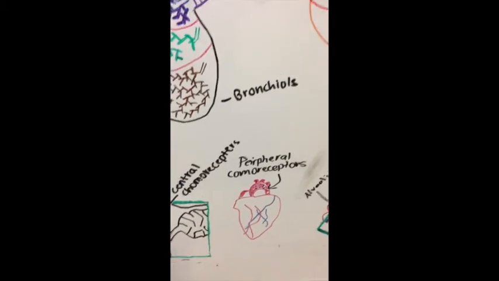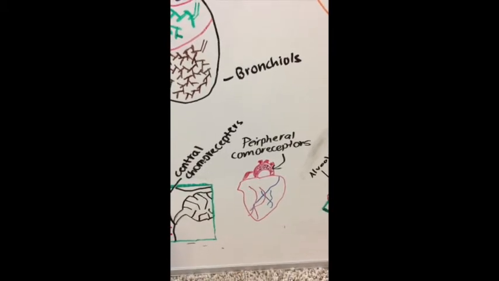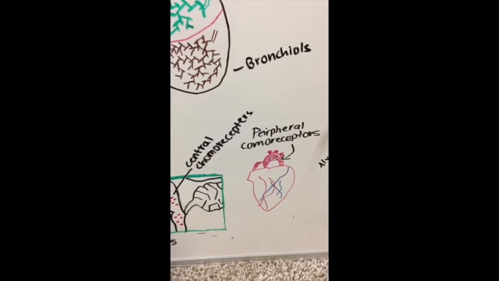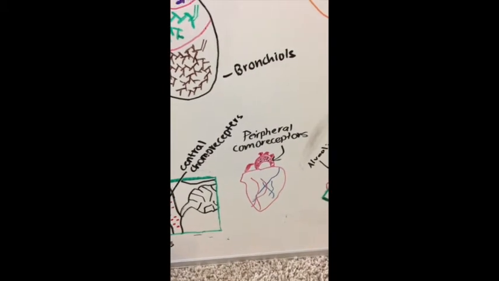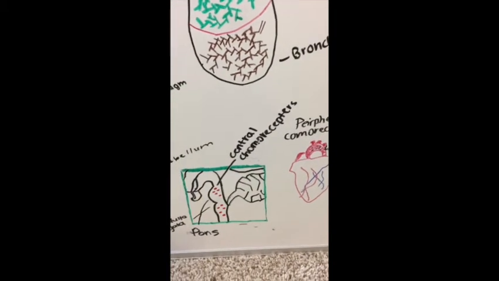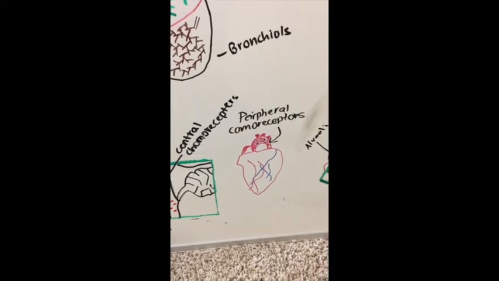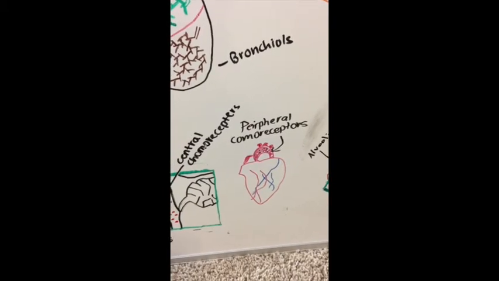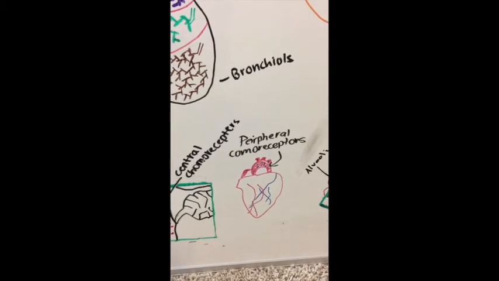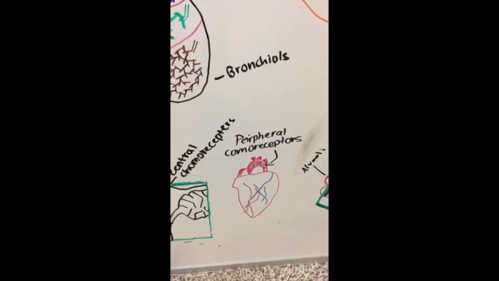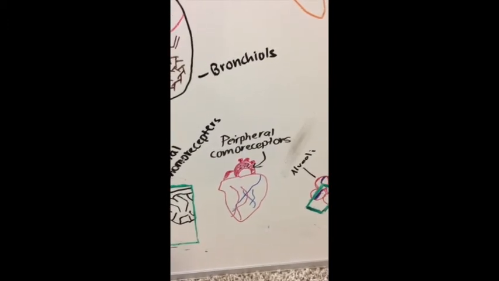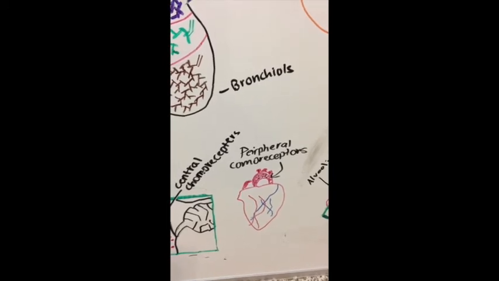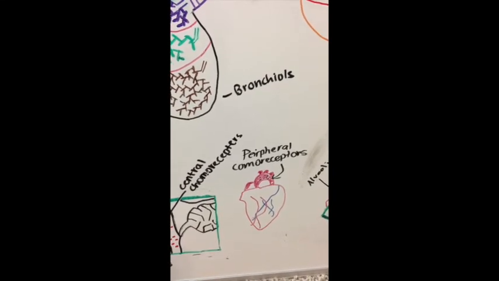These detect changes in blood oxygen and carbon dioxide, but not pH levels, because that's specifically for central chemoreceptors. They do not desensitize and have less of an impact on the respiratory rate compared to the central chemoreceptors. That means that central chemoreceptors control the rate and speed of certain breaths as well.